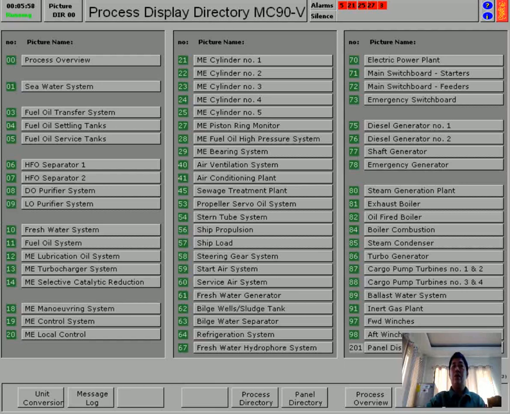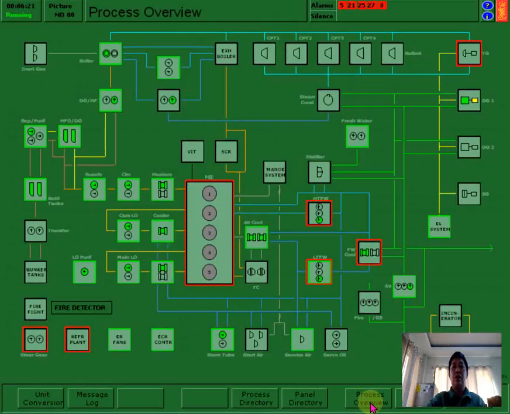By doing that, we will operate the engine room simulator, the Kongsberg engine room simulator. First we have to check what machinery is running in your process overview. The only one running here, power supply is taken from the DG1 or generator 1.